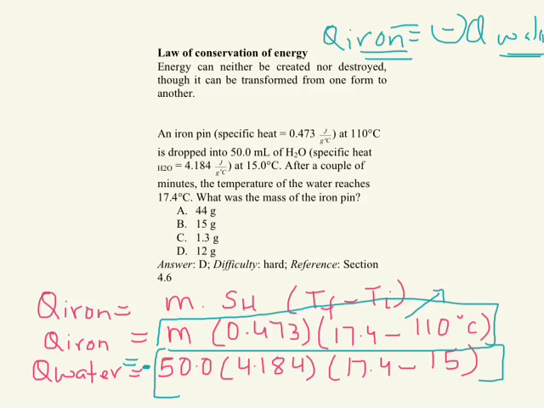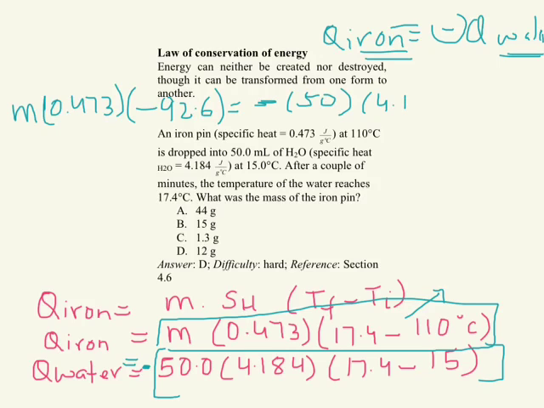So what are you going to write down? m times 0.473 times 17.4 minus 110. 17.4 minus 110 is negative 92.6, equals, then there is a negative sign, 50 times 4.184 times 17.4 minus 15, which is 2.4.